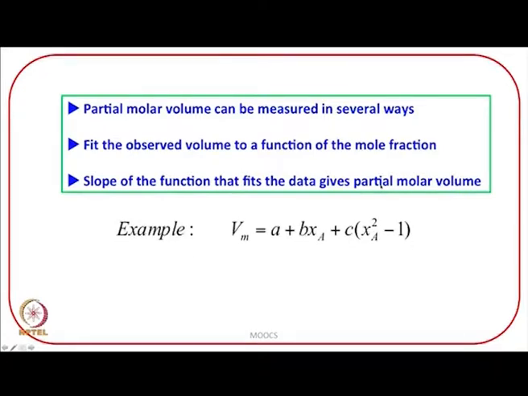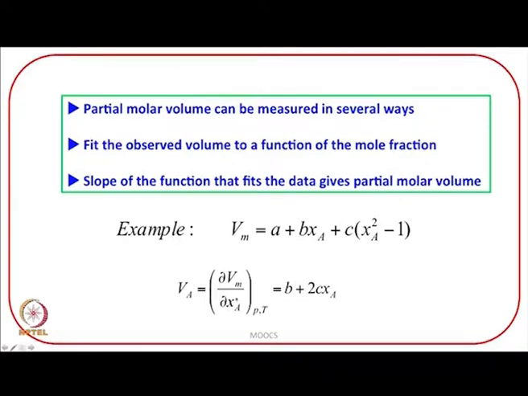As an example, suppose it is observed that the molar volume of a solution depends upon the mole fraction of the component A, and the mathematical function that fits the variation of volume is Vm equal to A plus B times XA plus C times XA square minus 1, where A, B, C are constants. Then the way to determine the partial molar volume will be to take its derivative.